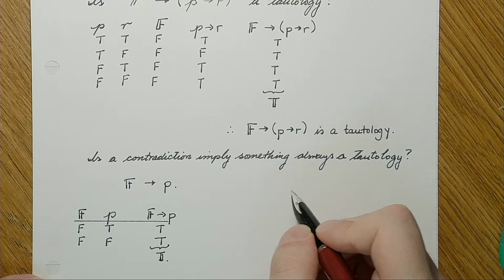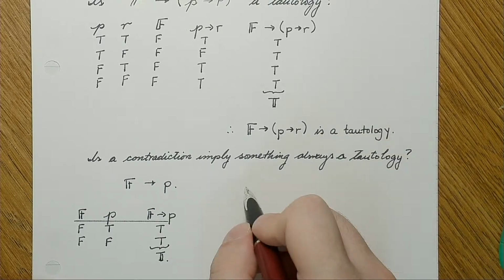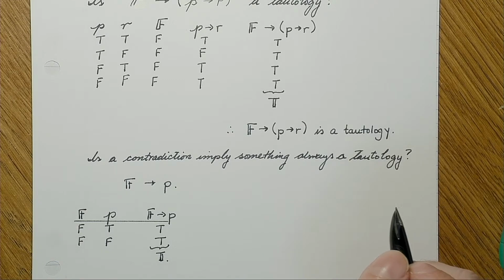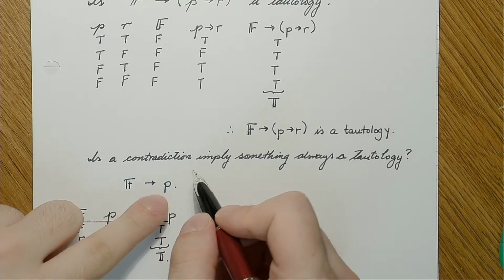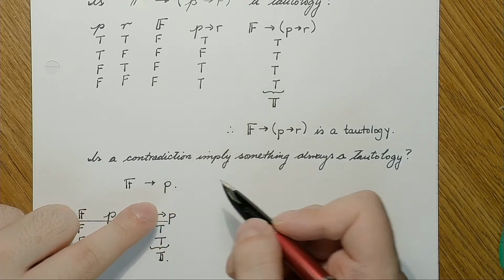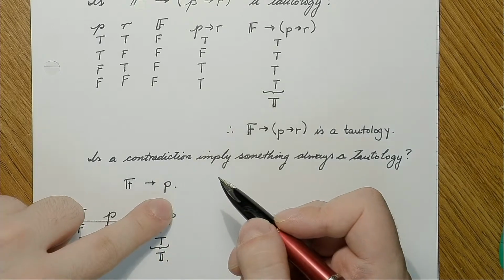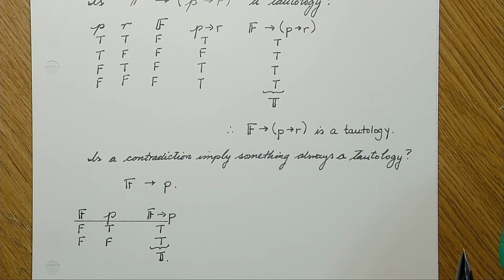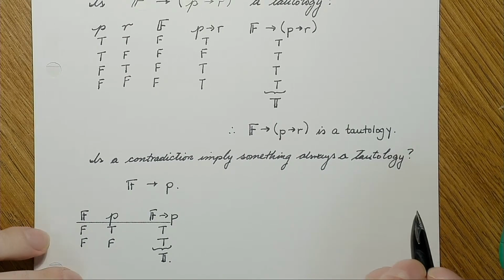So the answer, well, again, it depends. If you can simplify this down so that it's just a contradiction implies a proposition, then yes, it's going to be a tautology. So that's what we really have done.